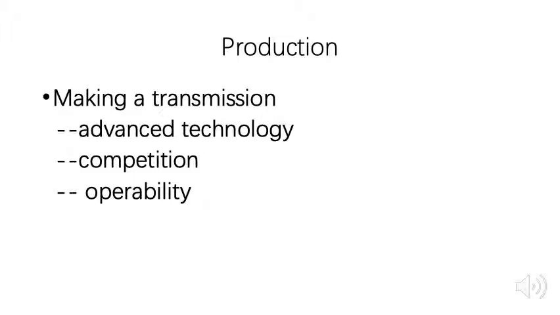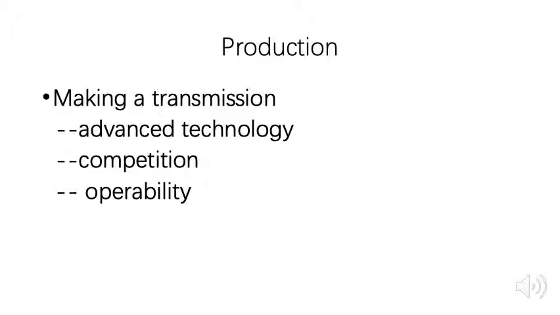As I introduced in the first two stages, we only considered the system from the viewpoint of concept and engineering. For this part, we need to make a transition, so there are three factors we must consider.